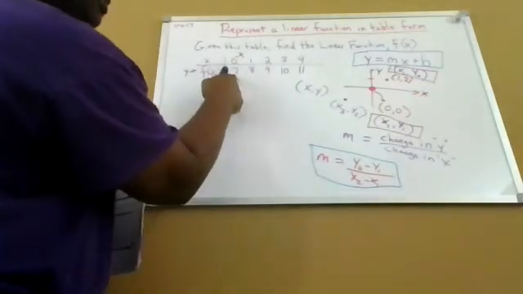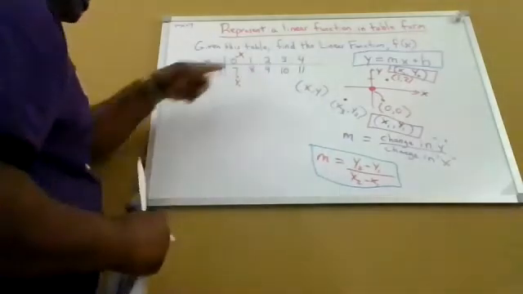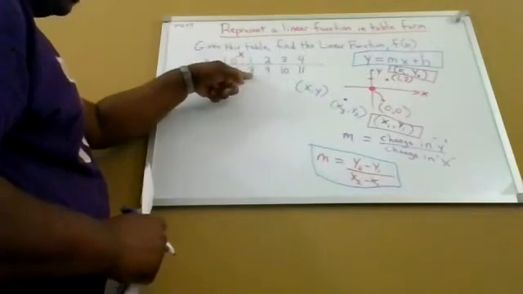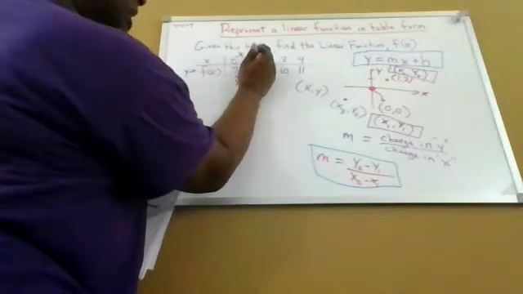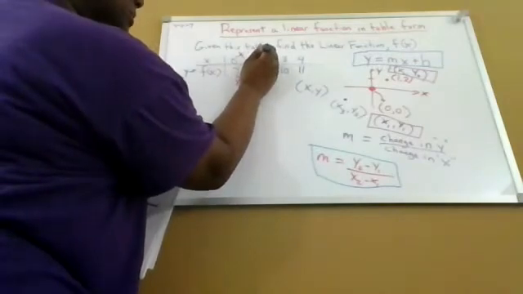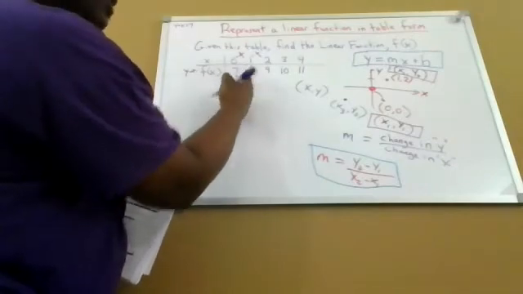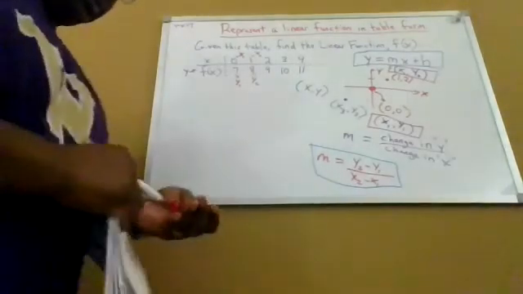And the y value is going to be y1. My second pair, where x equals 1, y equals 8, I can call that x2, and the 8 is going to be the value y2.